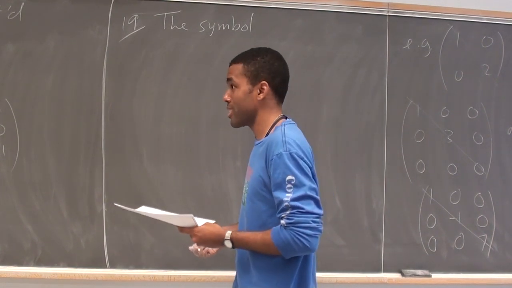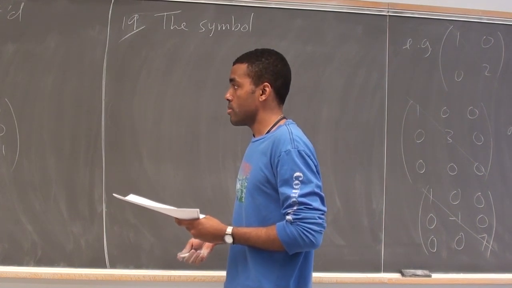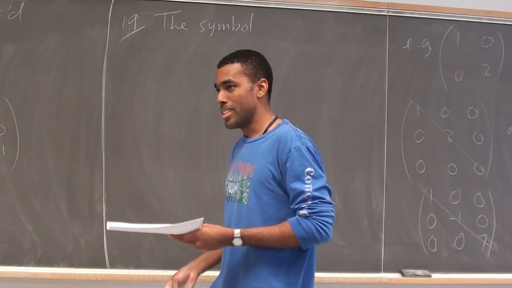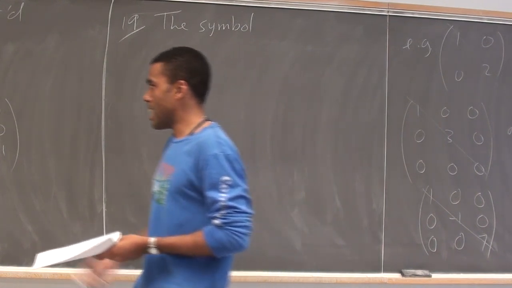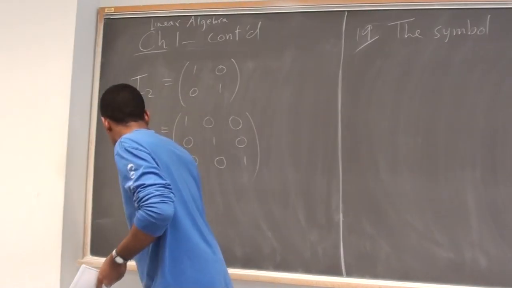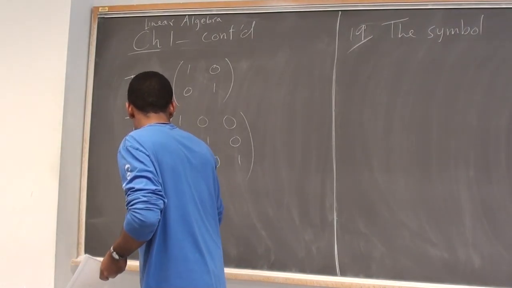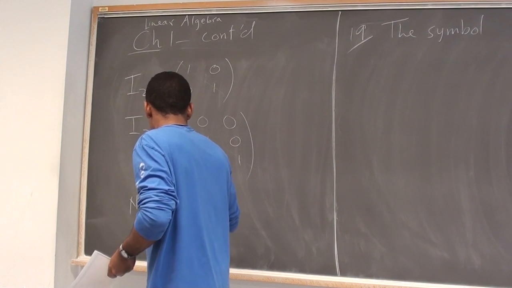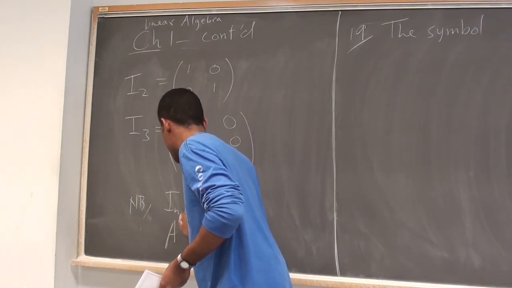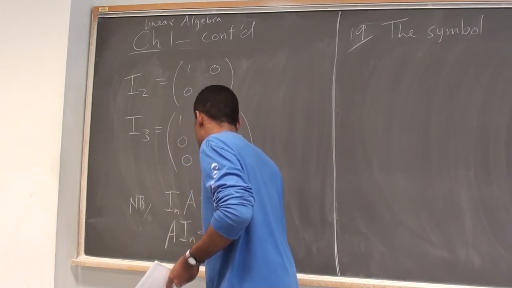Do all identity matrices have an inverse? Every identity matrix has an inverse. In fact, it's itself. Identity matrices are their own inverses. You know that In times A is equal to A itself, or A times In is equal to A itself.